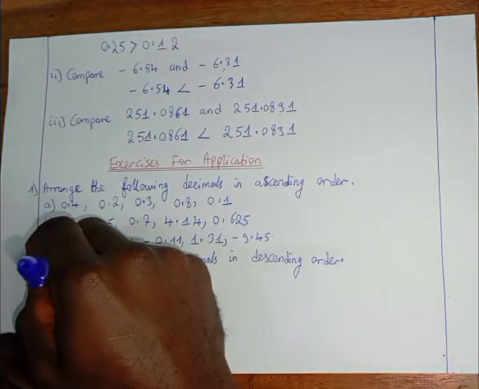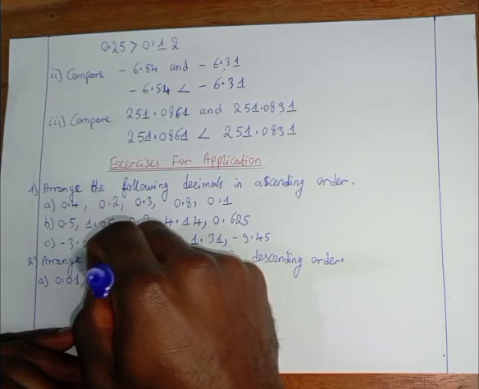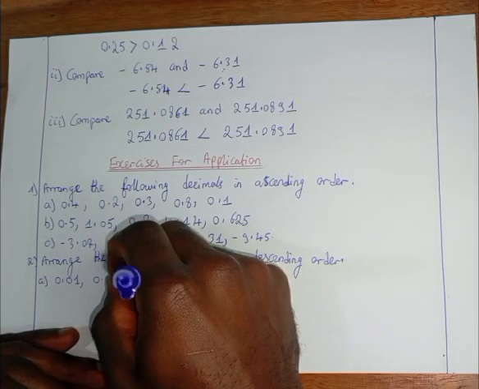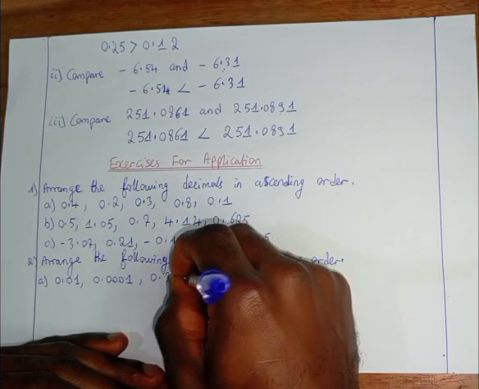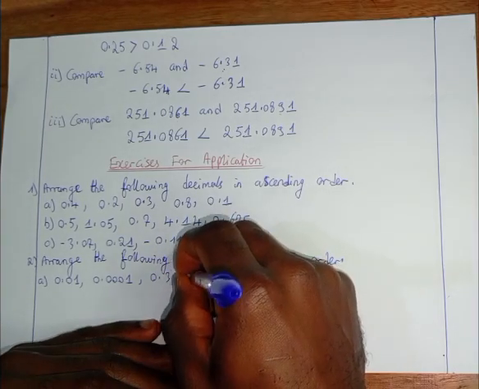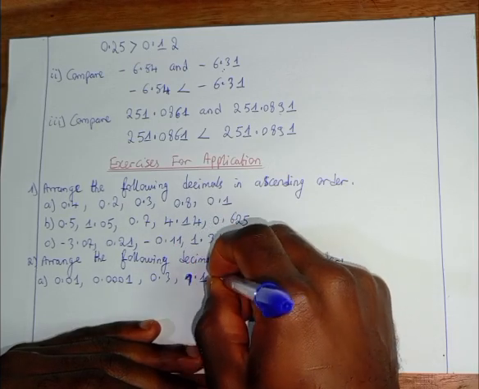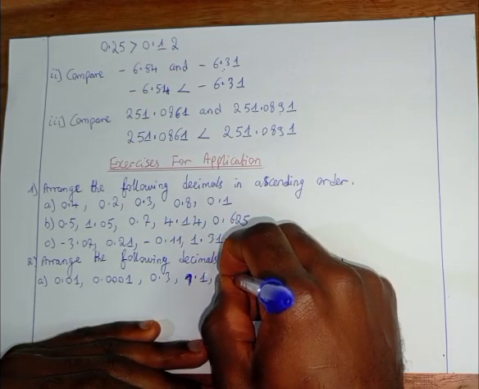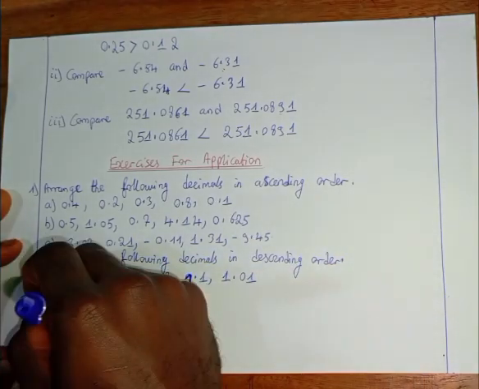For A we have 0.01, 0.0001, 0.3, 1.1, 1.01.